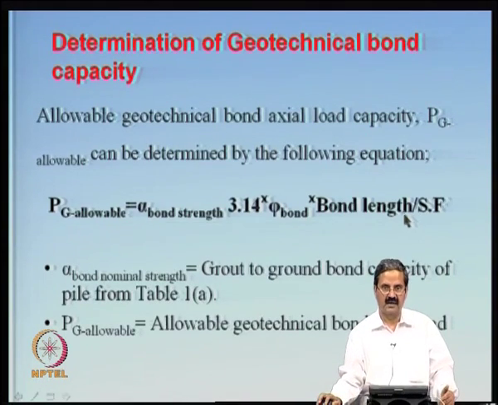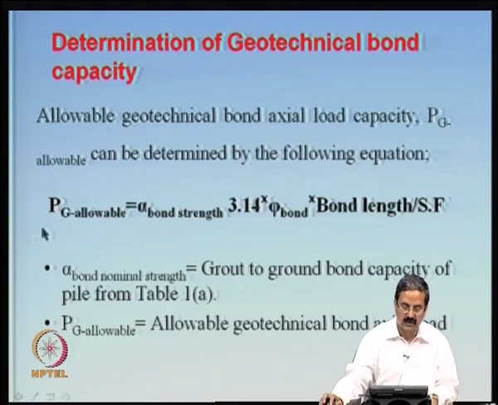We assume that wherever you put the grout, that length is what we take, and then a suitable factor of safety is applied. It is essentially the surface friction that gets mobilized between the pile and the soil. So, this gives you the grout to ground bond capacity of the pile.